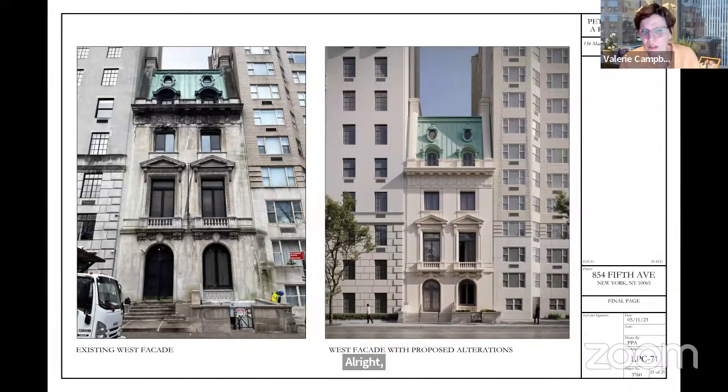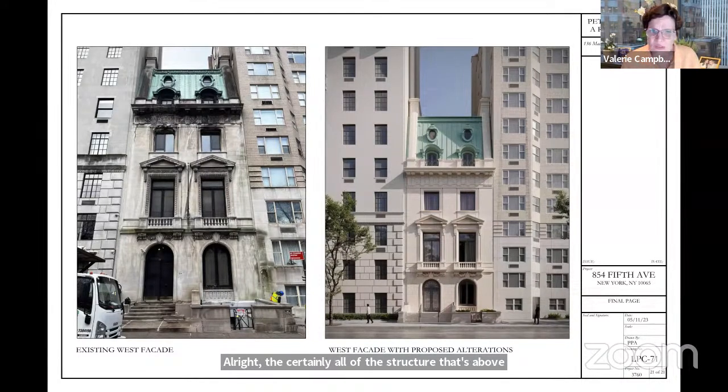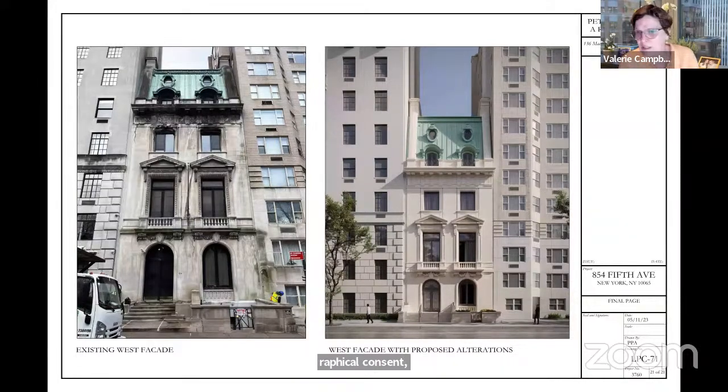Certainly all of the structure that's above the sidewalk is grandfathered. What we have to find out is whether any of the mechanism involved with the lift, some of which would be below grade, might trigger a need for revocable consent. But the pedestrian clearance will not be diminished in any way.